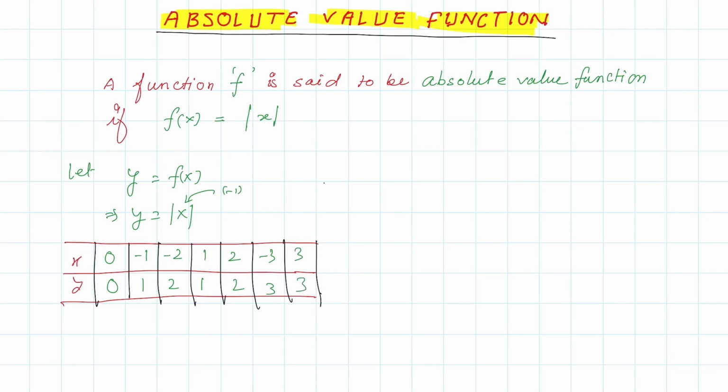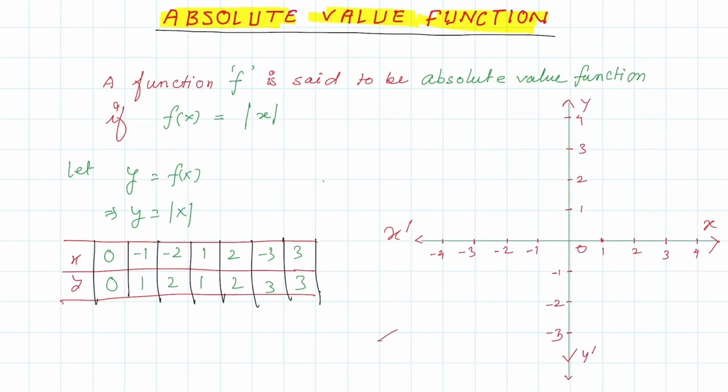Okay, so let us plot those points on a Cartesian plane. So this is our Cartesian plane. Now let us plot those points on this Cartesian plane. First 0 comma 0, it must be at the origin, this point. Then next one is -1 comma +1.